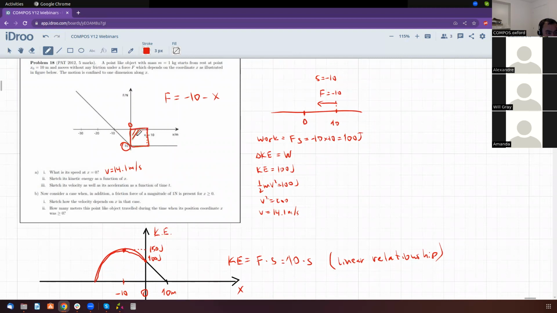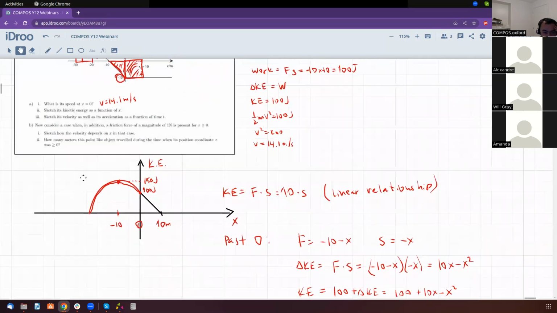That's 100 joules. And then there's another 50 joules of work done. So the maximum kinetic energy is 150. And then you start decreasing. That's 50, that's another 50, and that's 100. So yeah, it looks like it's going to be 26. So somewhere 26. I don't know what went wrong.